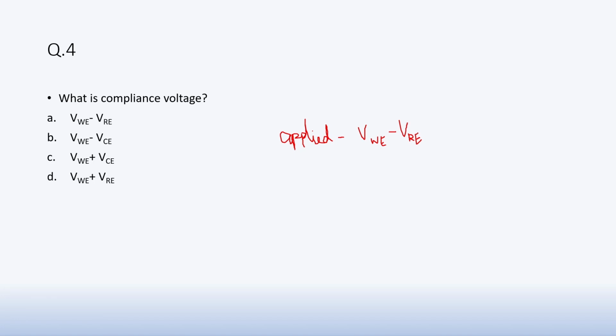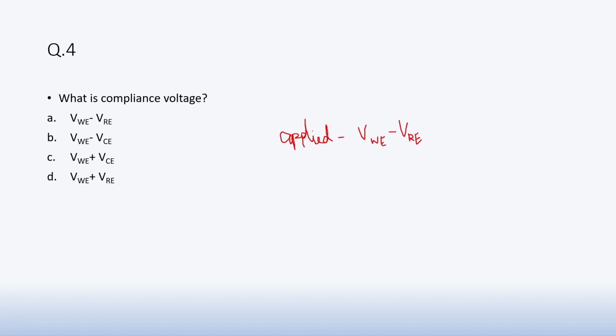In order to maintain that same amount of current, the potentiostat will apply the required potential at the counter electrode. We know that the current is the same at the working and the counter. That is how the circuit comes.